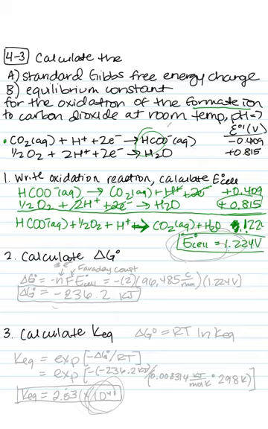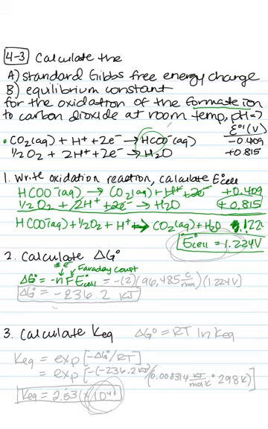Okay. So we can then calculate delta G as delta G equals minus n F E cell. F is the Faraday constant, and n is the number of electrons transferred.